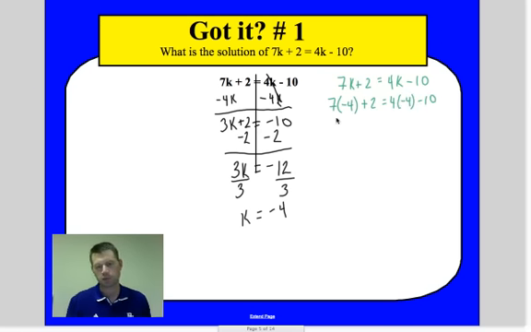We always want to put in parentheses because we don't want to mistake this for 7 minus 4. When we have 7 times a negative 4, we get a negative 28 plus 2. I'm going to simplify this part down as well. Negative 28, we gain 2, we have a negative 26.